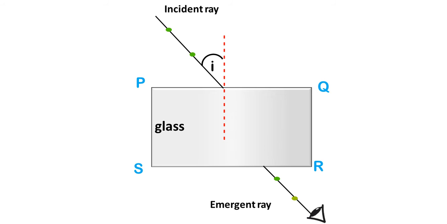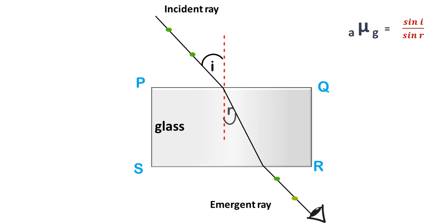Where is the refracted ray? You will get the refracted ray by joining the point of incidence and the point from where the emergent ray is coming out. So this is your refracted ray. Now measure the angle of refraction. You have already measured the angle of incidence, which is equal to 30 degrees. Now measure the angle of refraction also.